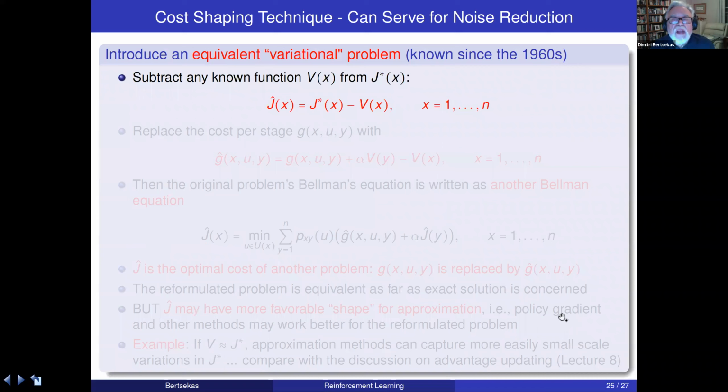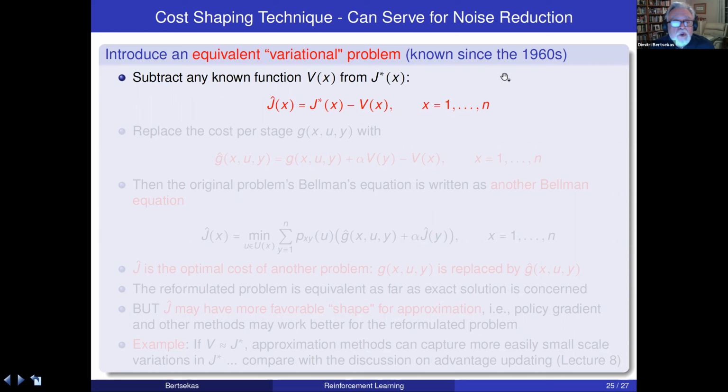Okay, this is an old idea. It's called cost shaping. The idea is to transform the problem so that the noise is not so much a difficulty. So we take the original problem. We're talking now about discounted dynamic programming and its cost function, J star of x. x is the initial condition. J star is the optimal cost function.